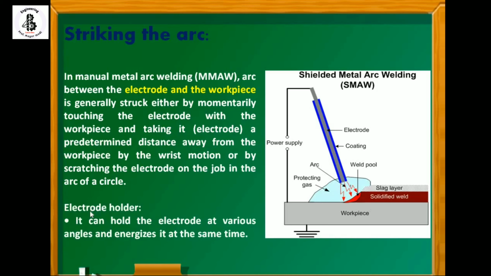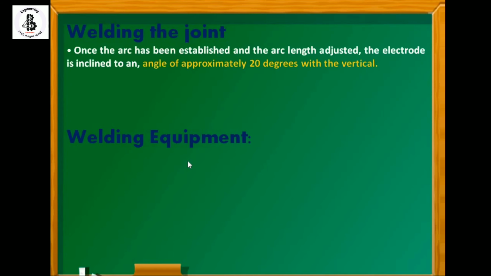The electrode holder can hold the electrode at various angles and energize it at the same time. Then, welding joints. Once the arc has been established and the arc length adjusted, the electrode is inclined at an angle of approximately 20 degrees with a vertical axis.